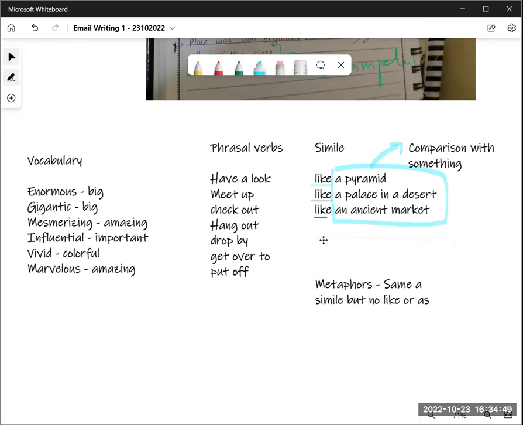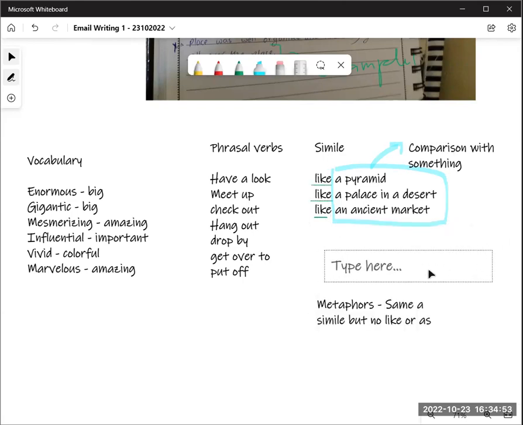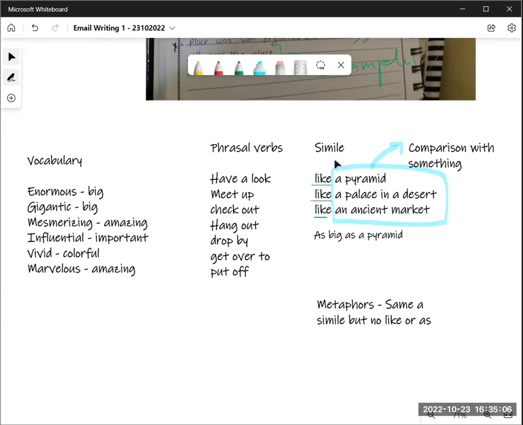I'll give you just one more example, finish writing, then we'll be done. As big as, let's say, a pyramid. That is also a similar structure, using the word as.